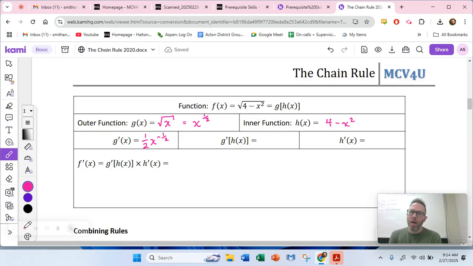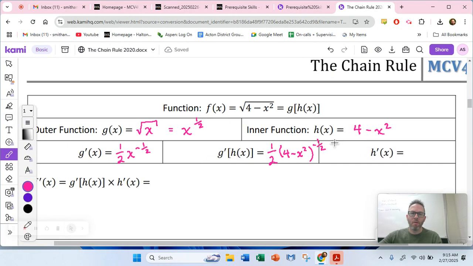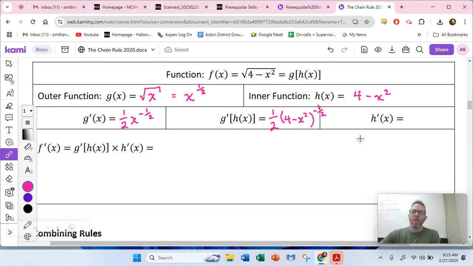And then g prime evaluated at that inner function is 1/2, but instead of x, (4 minus x squared) to the power of minus 1/2. And then the derivative h prime is minus 2x.